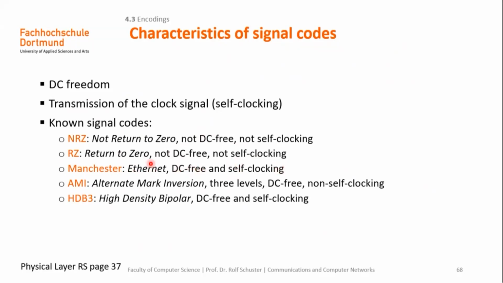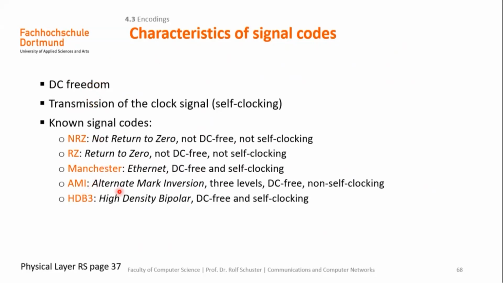That is, Manchester encoding is one of the typical signal codings that present the desired characteristics of line encoding.